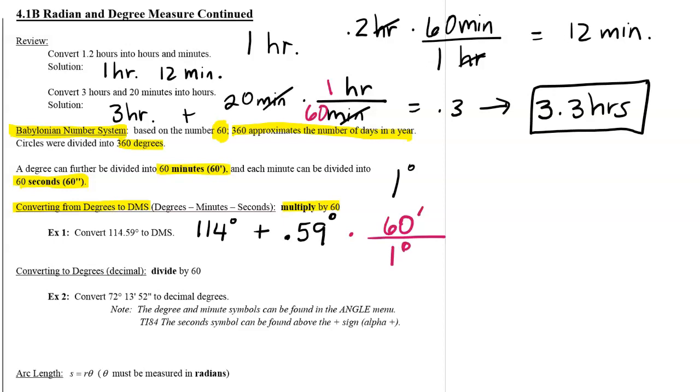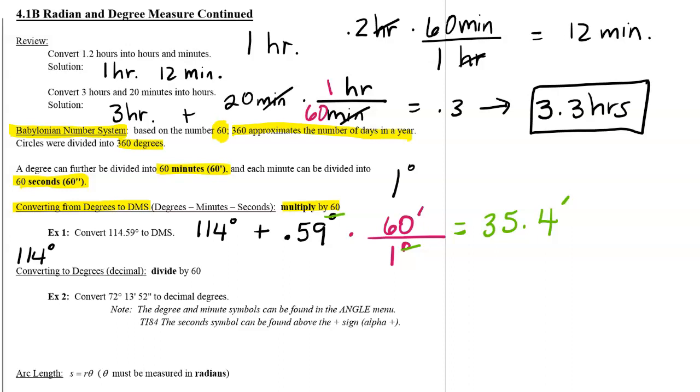And then you can see that the degrees are going to cross cancel. Take on your calculator 0.59 times 60, and you're going to get 35.4. So this equals 35.4 minutes.